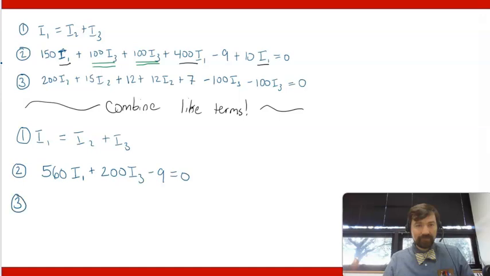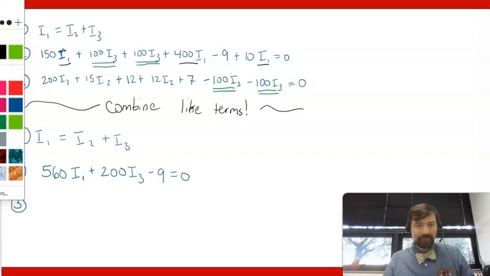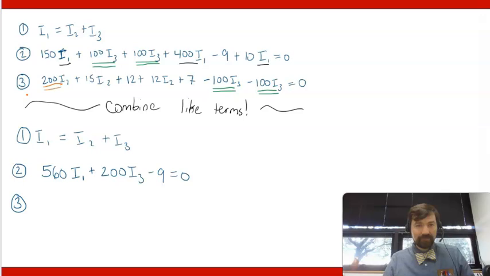And then in equation 3, I could likewise go through and find my I3 terms, which are this term right here and this term right here. And then there aren't any I1 terms, but there are some I2 terms. Let's do this in orange. So I've got 200 of I2, another 15 here, another 12 here. And then there's also just the 2 voltage terms.